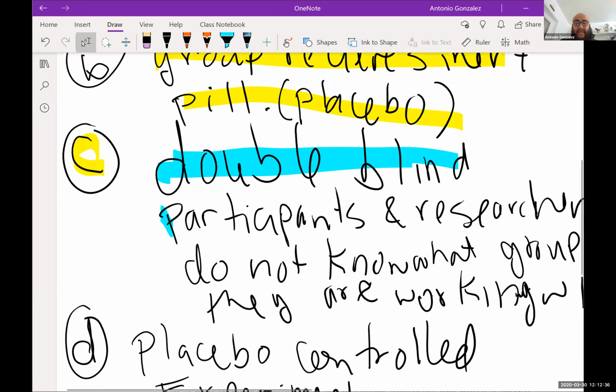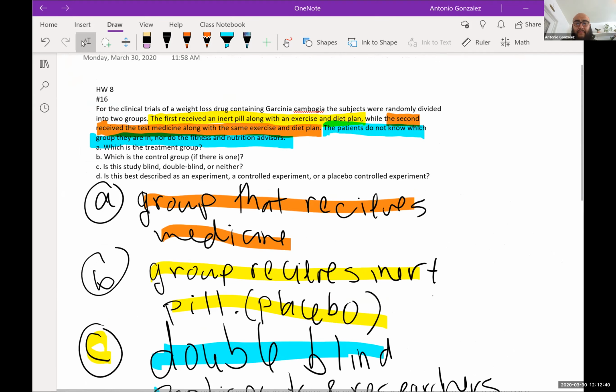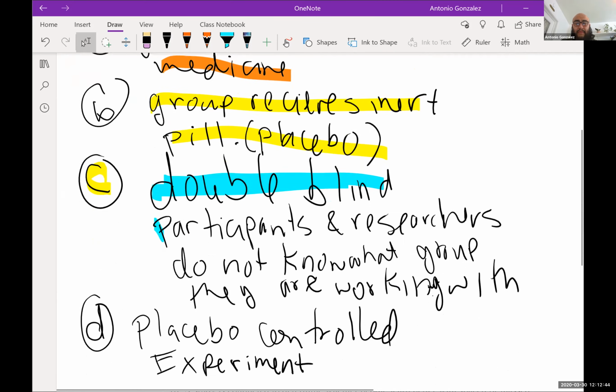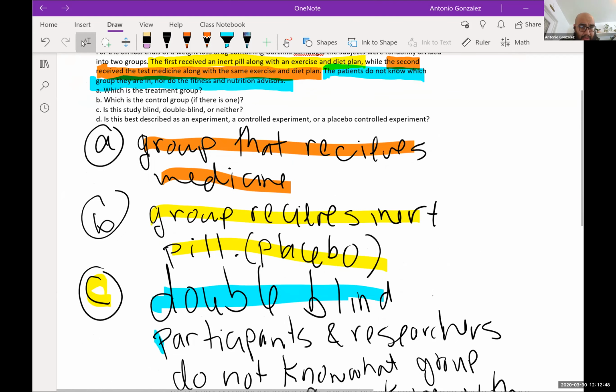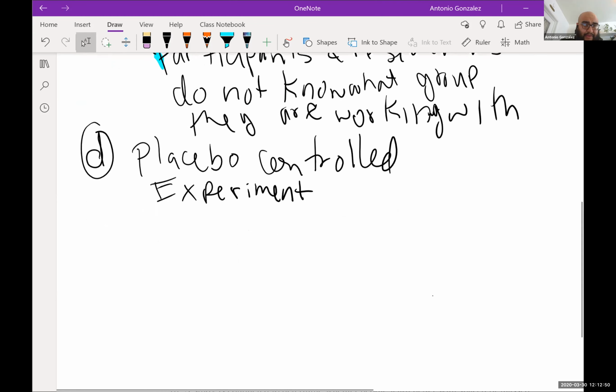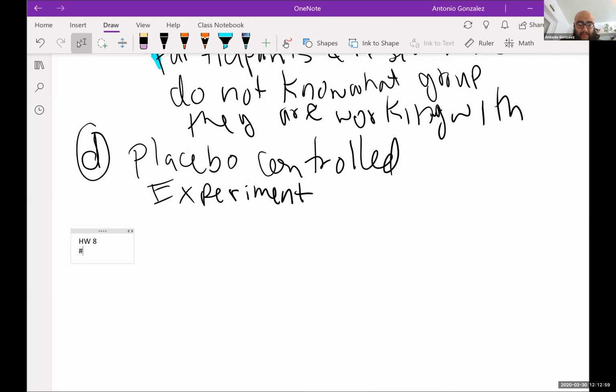All right. Any other questions on this example here? Okay, so now let's take a look at the next question I was asked. So we're going to look at homework 8, number 20. Let me bring that one up.